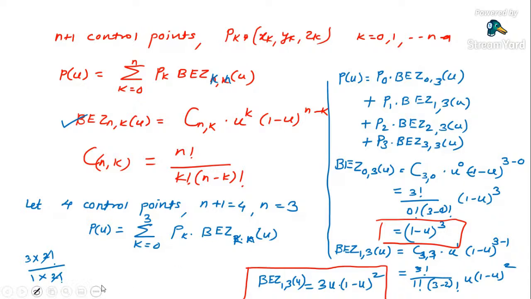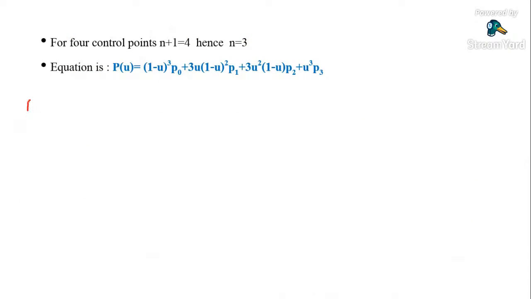Now we'll calculate the next, that is Bezier of 2 comma 3 of u, which is equal to C of 3 comma 2, u raised to k which is 2, times 1 minus u raised to 3 minus 2.